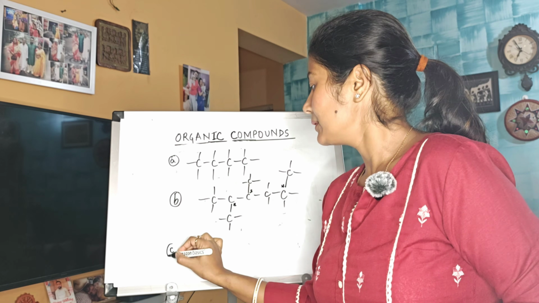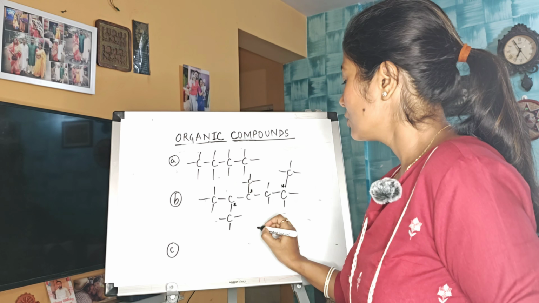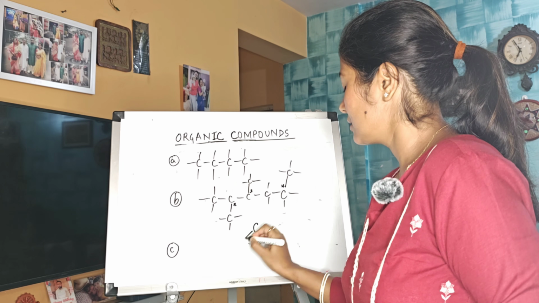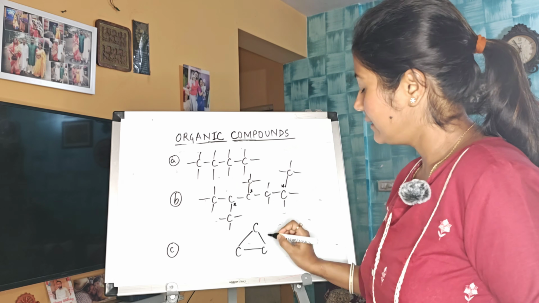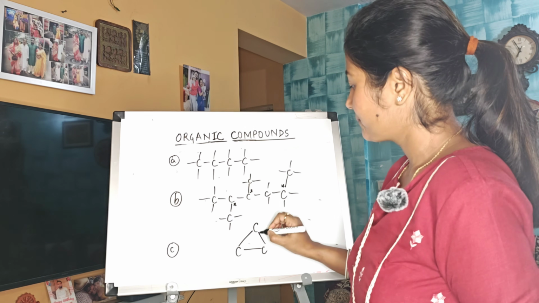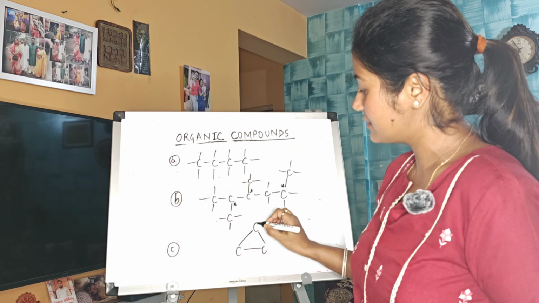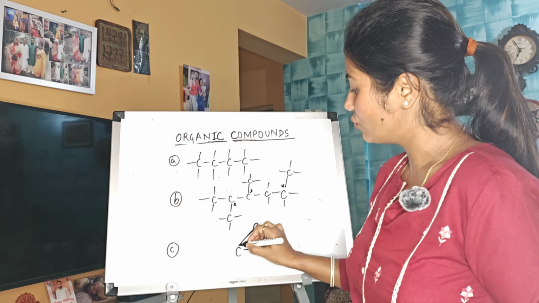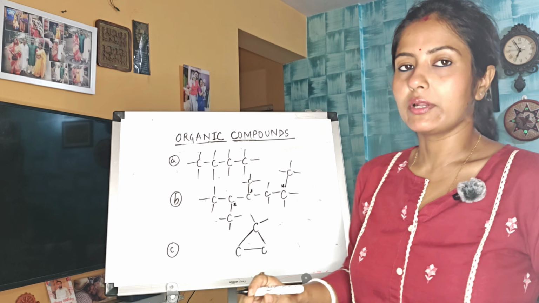Next one, carbon can link with other carbon atoms in cyclic form or closed structure. For example, this is forming linkage with other carbon atoms in a closed structure or cyclic form. But again, one thing to keep in mind is it will have a valency of 4. This carbon has a valency of 4, 1, 2, so it will form bonds with 2 other atoms.